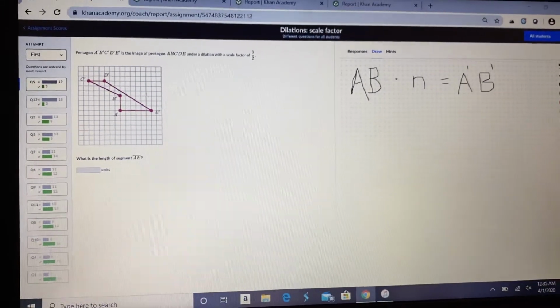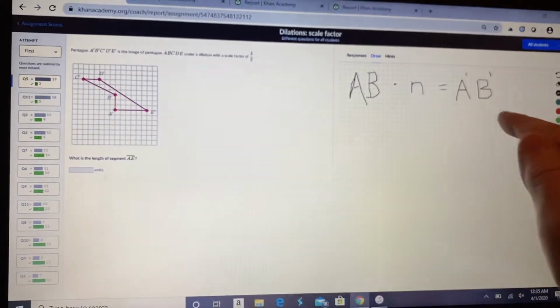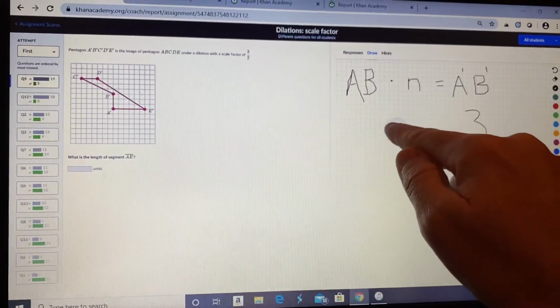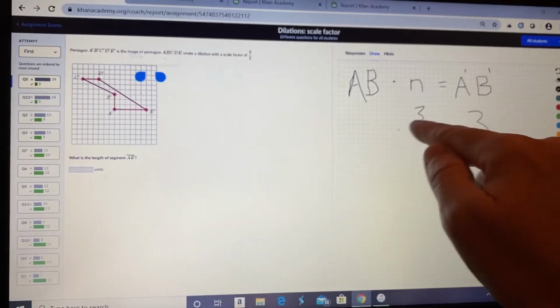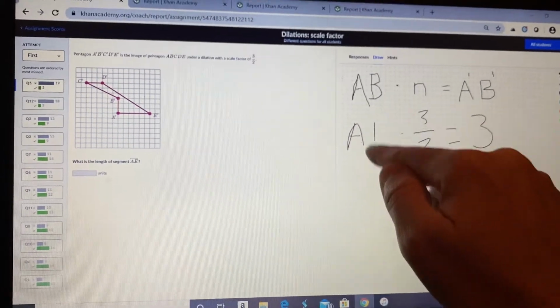On this problem, this is the most missed. If you look at A prime, B prime, it is 1, 2, 3 units. So I know with a scale factor of 3/2, my original AB was smaller than that. Well, how big was AB?